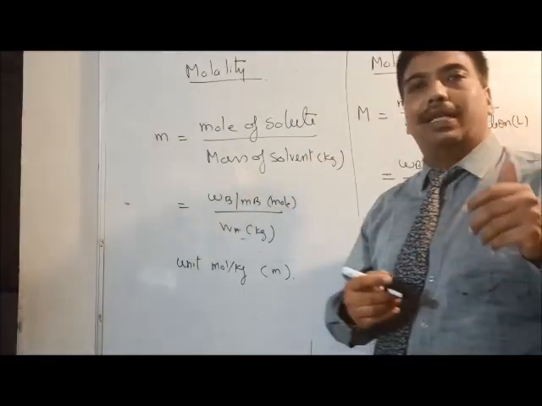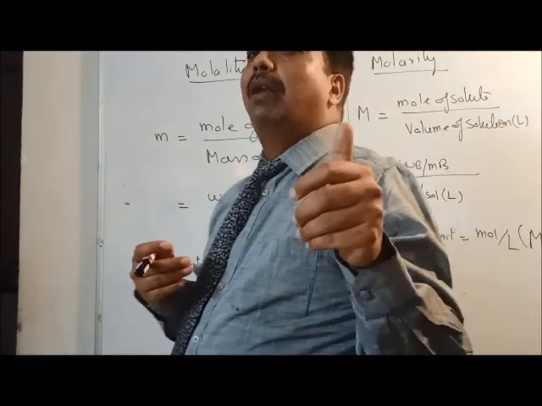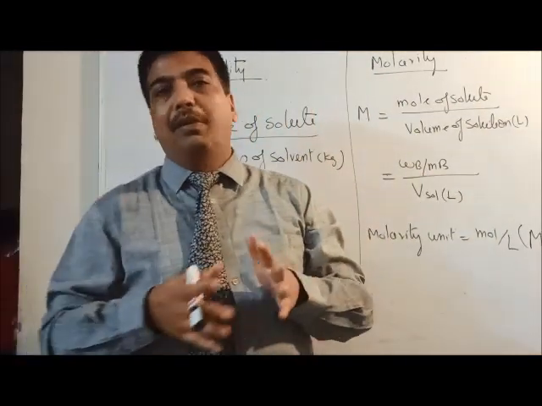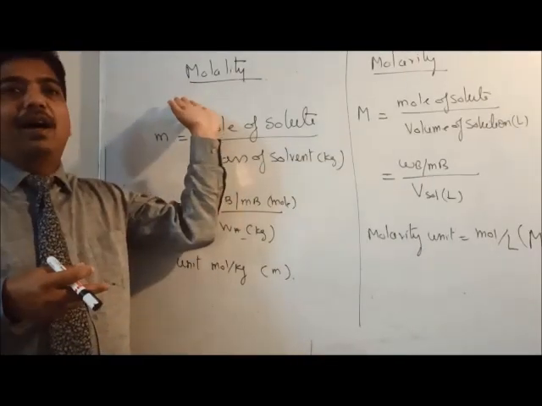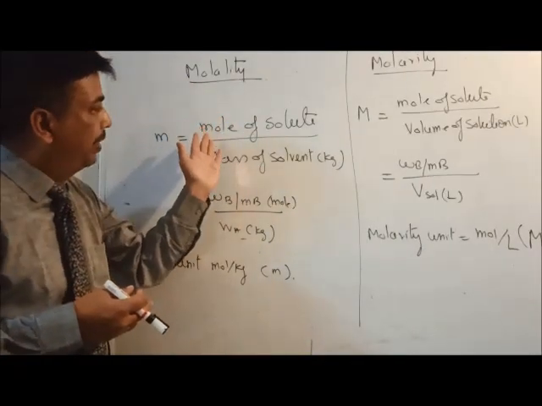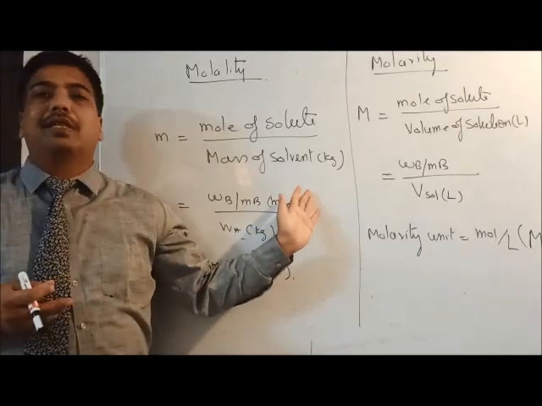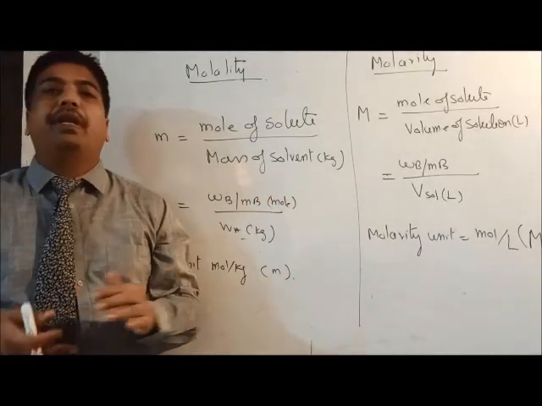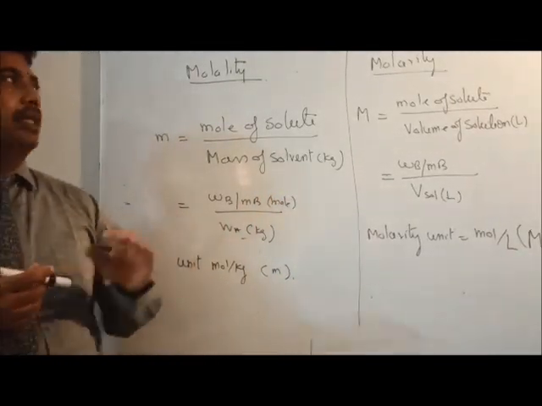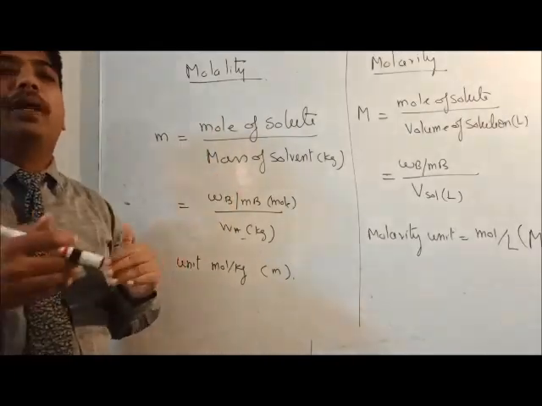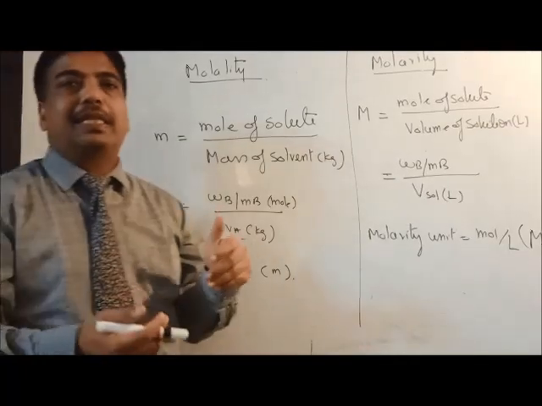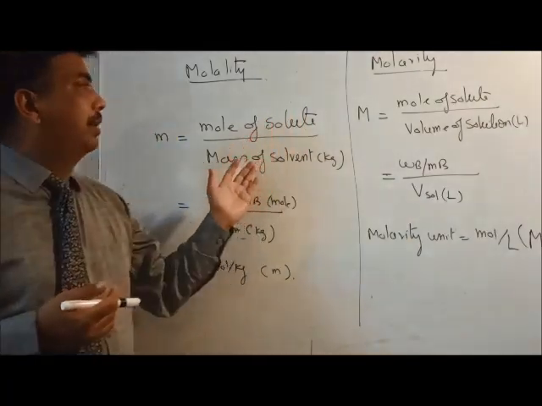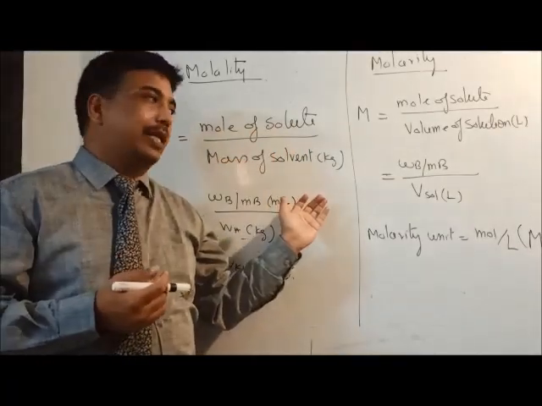Because mass is a physical property which is free from temperature variance. So it means that in molality, the number which is calculated here will be free from any kind of temperature variation. So molality does not depend on any change in temperature. We will have another discussion on the dependence of molality on temperature.